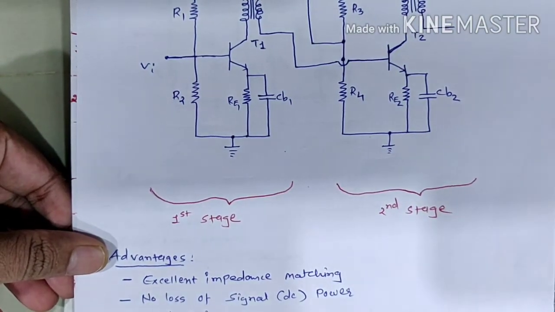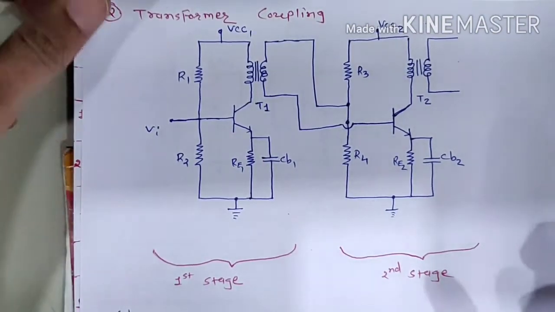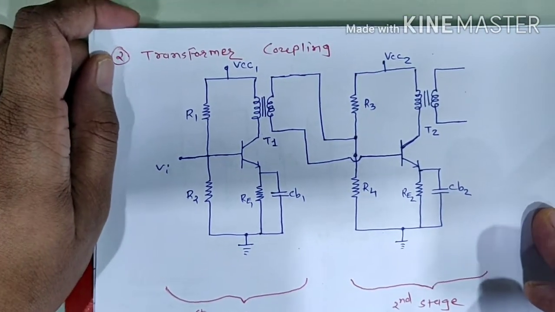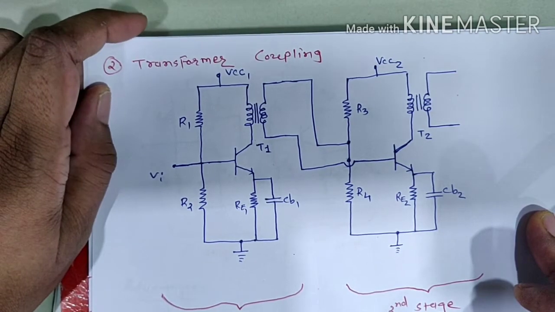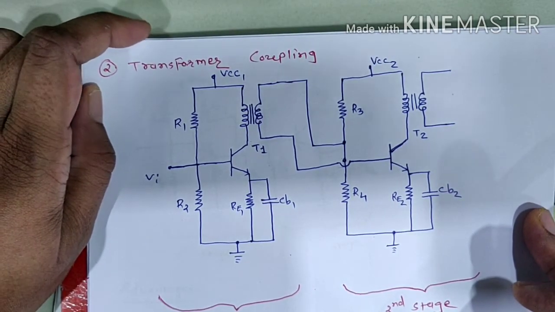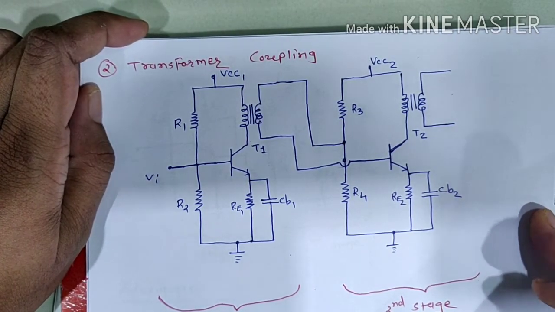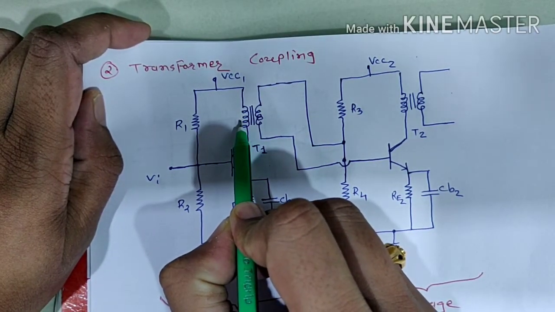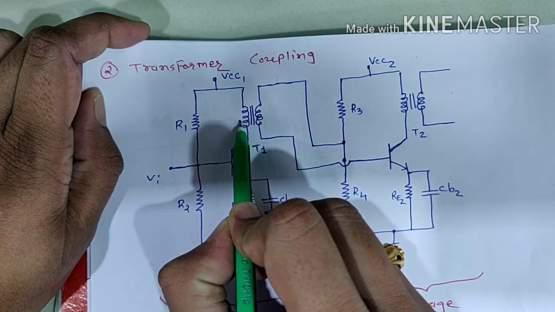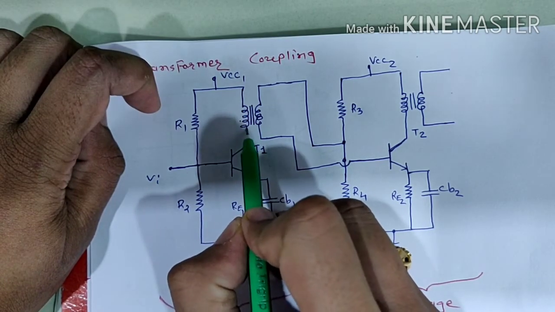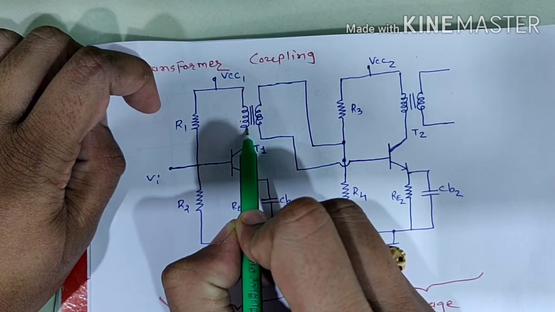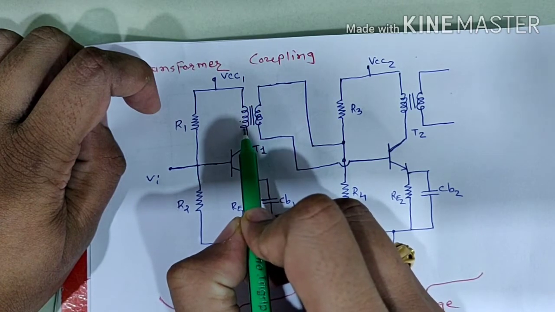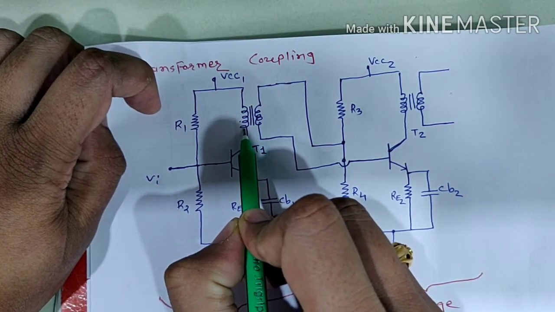Now let us discuss the second technique of coupling, that is called transformer coupling. I have drawn the circuit diagram of a two-stage transformer coupling circuit. Here, instead of the collector resistor RC, we have used a transformer. This is the symbol of the transformer, and the resistance of this coil acts as the RC resistor.